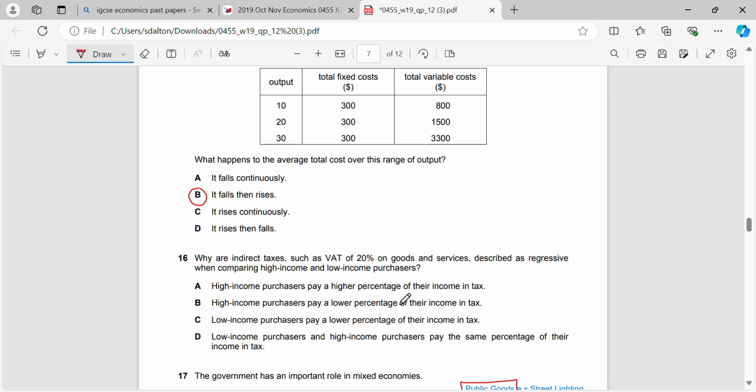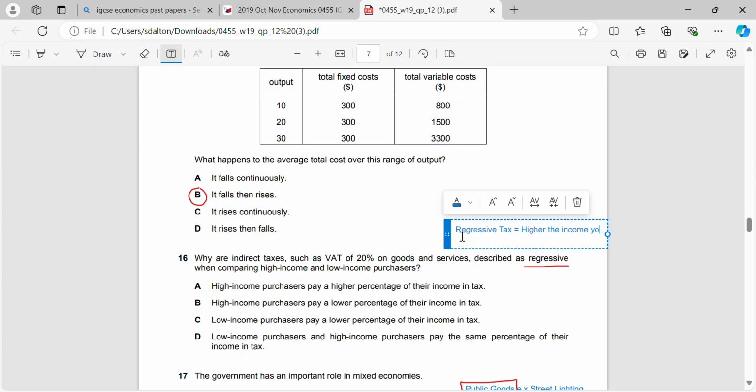Question 16. Why are indirect taxes such as VAT described as regressive when comparing high income and low income purchasers? So remember, a regressive tax, what does it equal? It equals the higher the income you earn, the lower the percentage of tax you pay.